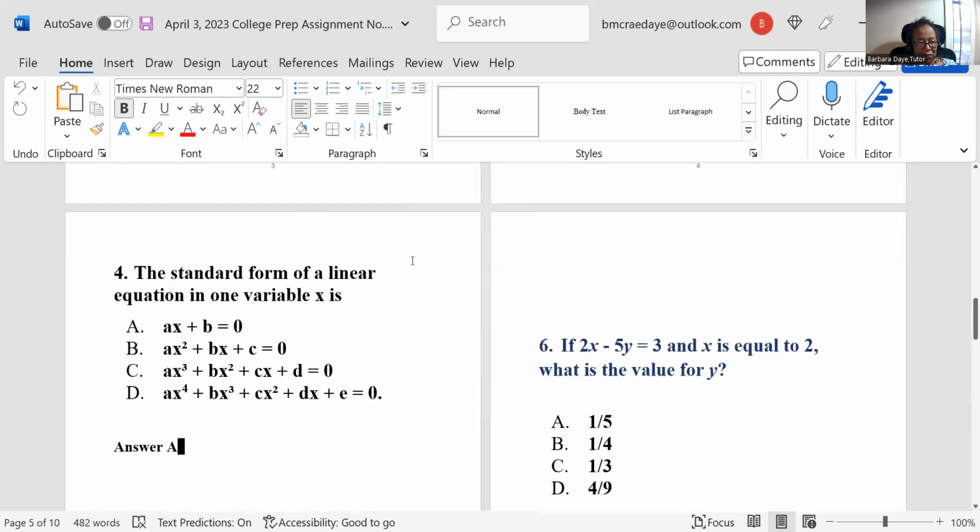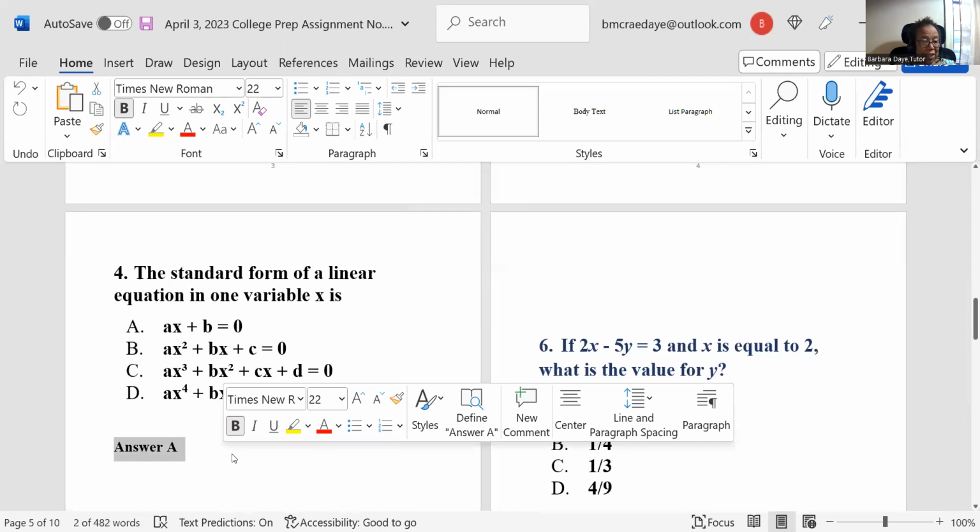And when it says standard form of a linear equation, and you look here, it says that's to the second, that's to the third. It can't be those, because I know my power can't exceed 1. And the only place where it's just 1 is answer A, right? That's right.